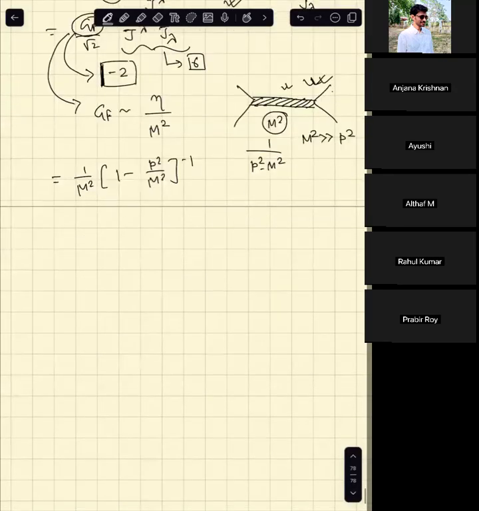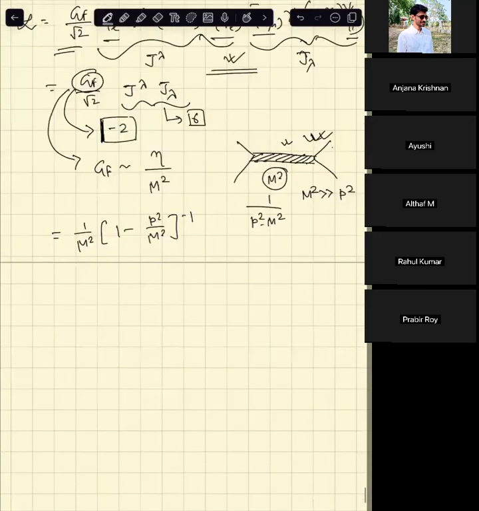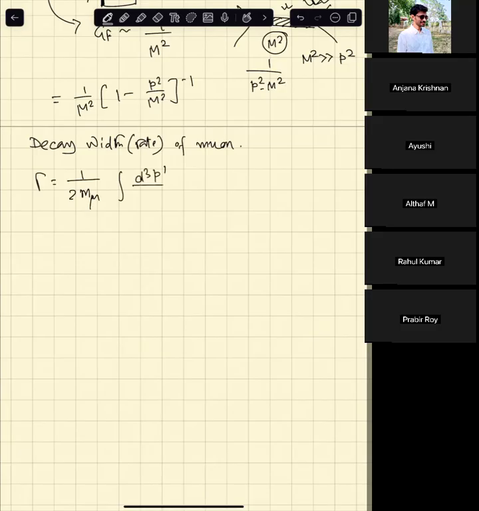Now, we have already seen that for a one going to two, or here one going to three body decay, we can write down the decay width of this thing, or sometimes it's called the rate, of the muon as 1 by 2 m_mu, then you have d^3p prime by twice pi cube twice p naught prime. So this is the phase space part.